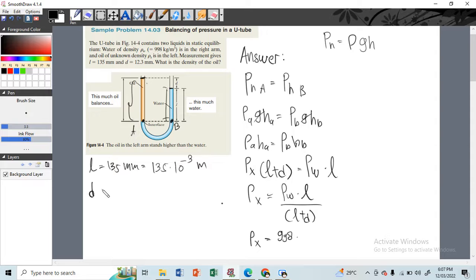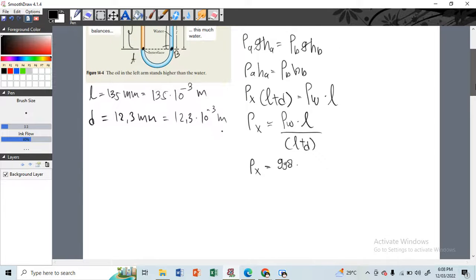We know that D is equal to 12.3 millimeter, which we change to meter: 12.3 times 10 to the power of minus 3 meter. Okay, so let's insert it into the equation.